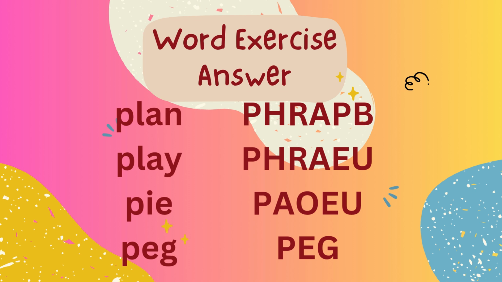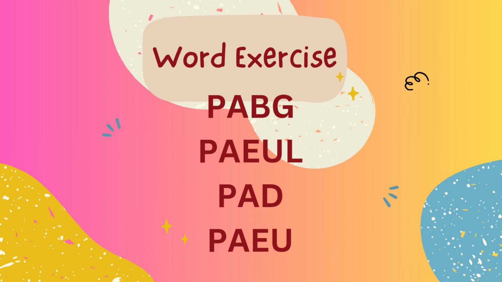Okay, we have another word exercise, but this time I'm giving you the outline, the strokes, and you are going to give me the English words, or the translation of these outlines. The first one, what is the answer? You comment again your answers. The second one, what is the answer?